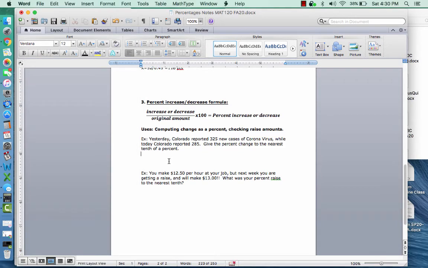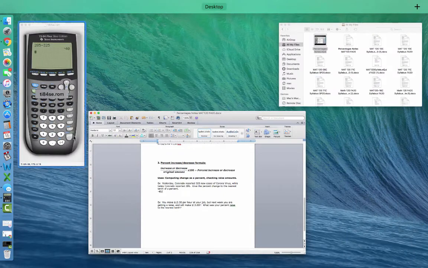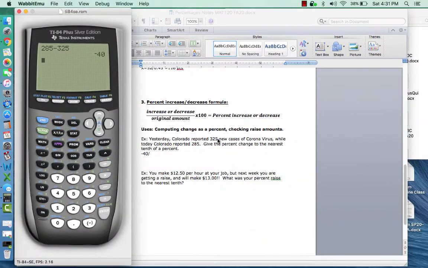It's a decrease of 40, and I'm going to represent that as a negative. Then the decrease is divided by the original amount. The original amount was 325, that was yesterday. We started with 325, now we're down to 285. So I divide by the original amount, 325, and multiply by 100.